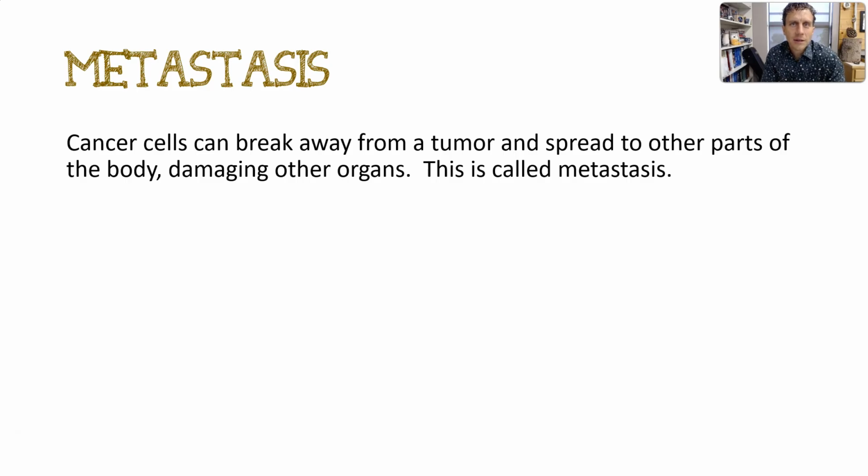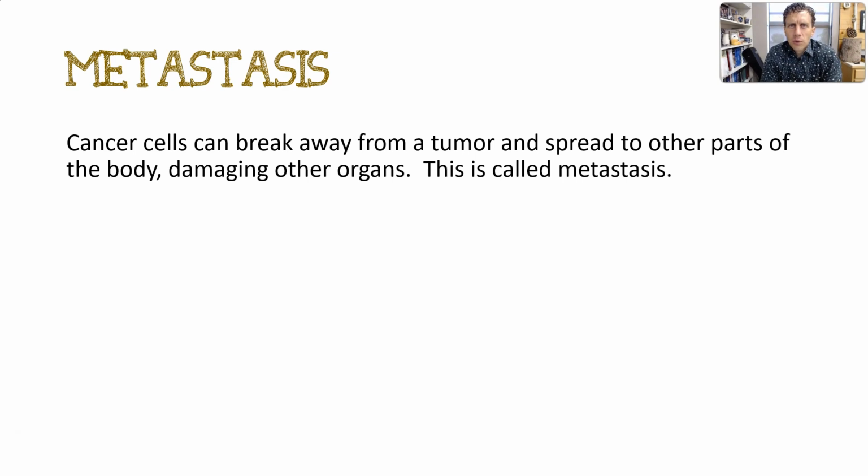The last key idea, another big word, is metastasis. We can have a tumor in a certain part of the body, and cancer cells can break off of those tumors. Not all tumors will allow that. But they can break off and spread to other parts of the body, damaging other organs. So this is called metastasis.